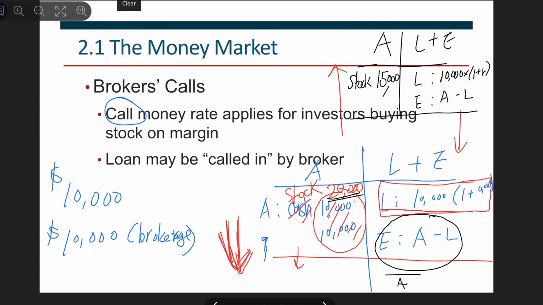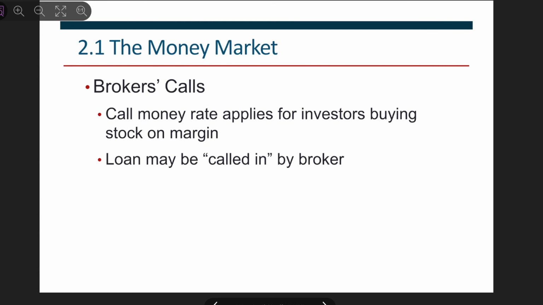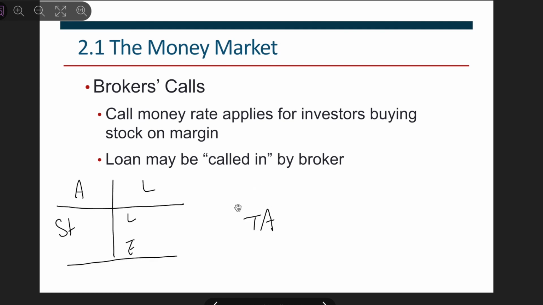So once again, stock, liability, equity. If we look at equity over total asset, what does it show?